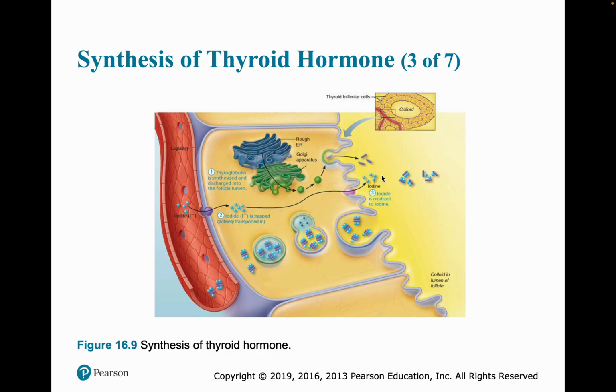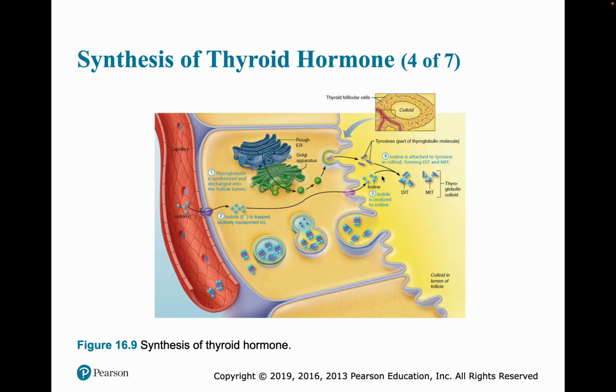Then the iodine is oxidized, and attached to tyrosines in the colloid, forming DIT and MIT. Those are internalized again by the cell and make their way through transcytosis, where they are broken down into T3 and T4, which are released into the blood.